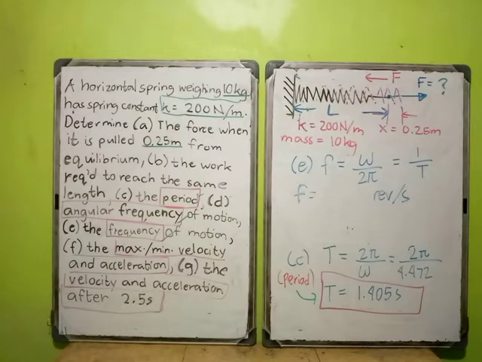Revolution per second. Okay, so technically speaking, we just compute. So, 1 over T. So, ang pinakamadali is i-inverse mo si T. So, 1 divided by 1.405.